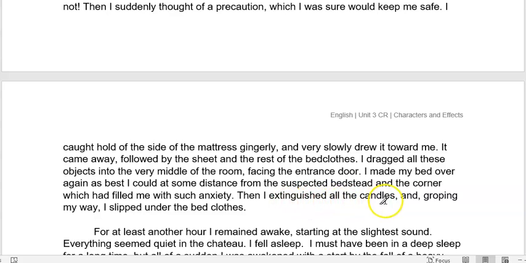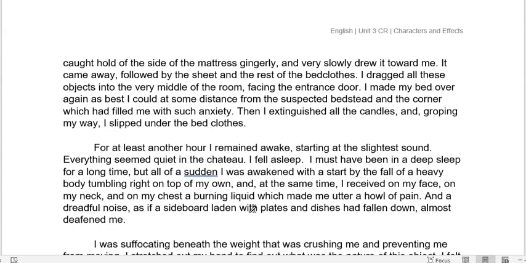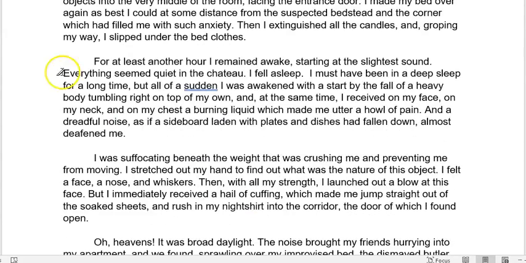Then I extinguished all the candles and, groping my way, he blows out all the candles, and crawling on the floor through the room, he goes into the made-up bed in the middle of the room.